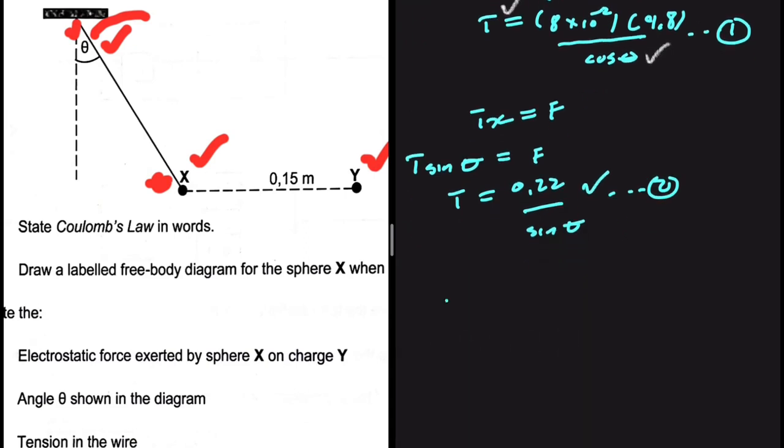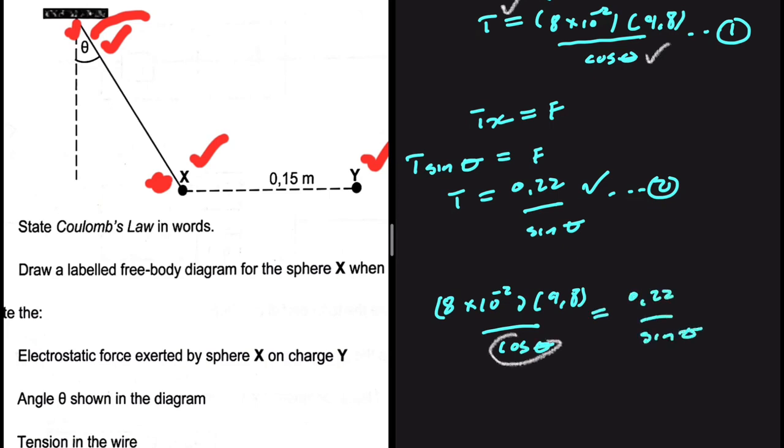What are we saying? We're saying that 8 multiplied by 10 to the minus 2 multiplied by 9.8 divided by cos of theta is equal to 0.22 divided by sine of theta. I have cos of theta and sine of theta. If I divide sine of theta by cos of theta, I'm going to get tan of theta, and my problem is simplified.